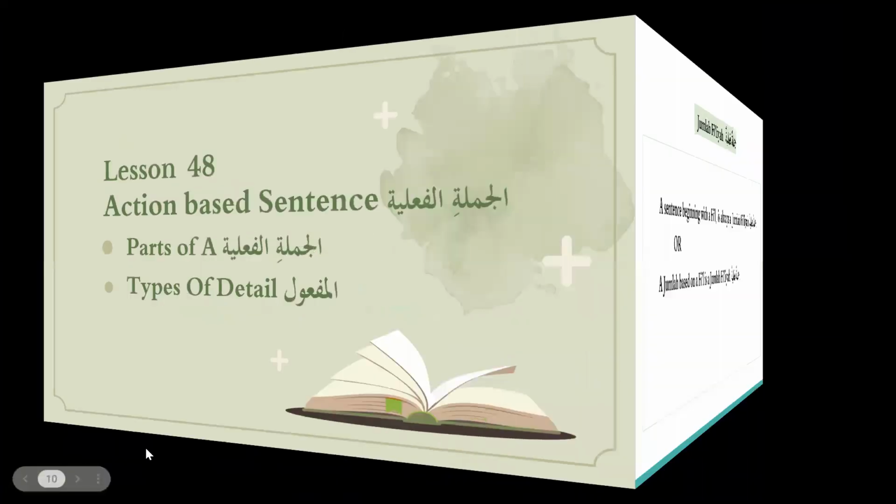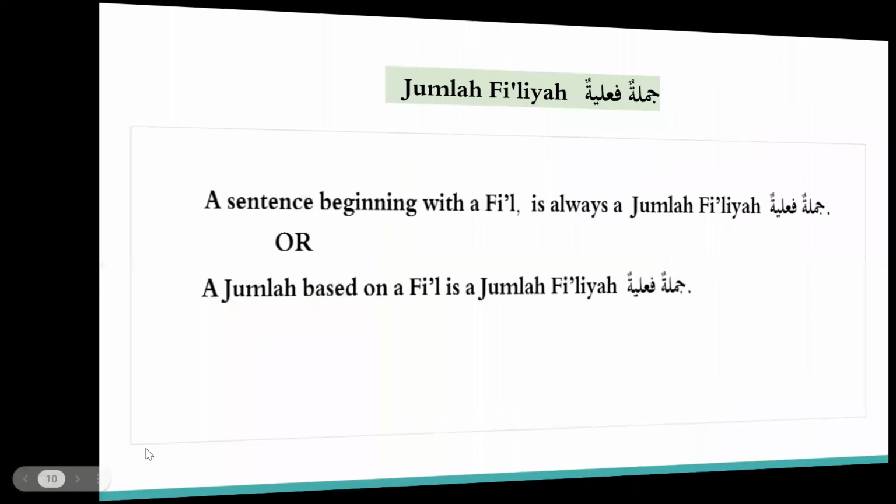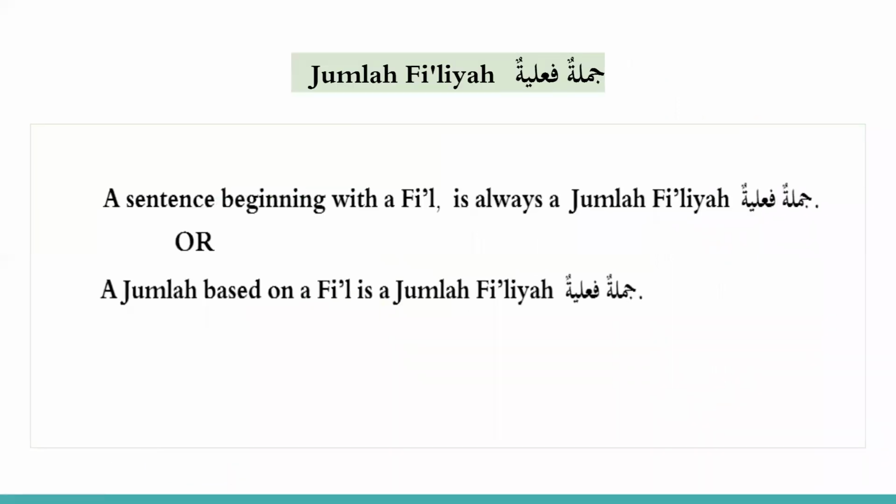Okay, so this is the definition of Jumla Faylia. What is Jumla Faylia? There are two types of sentences in Arabic, two types of Jumla: Jumla Ismiya and Jumla Faylia. In previous lessons, we were doing Jumla Ismiya, and in today's lesson, we are doing Jumla Faylia.